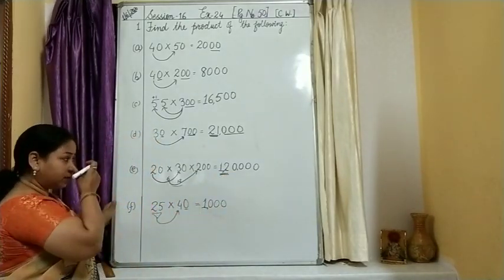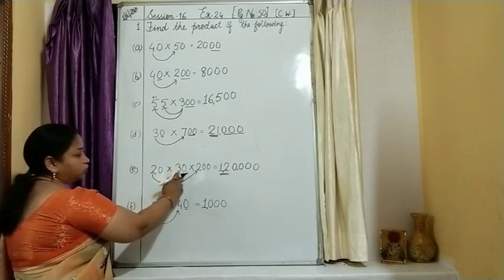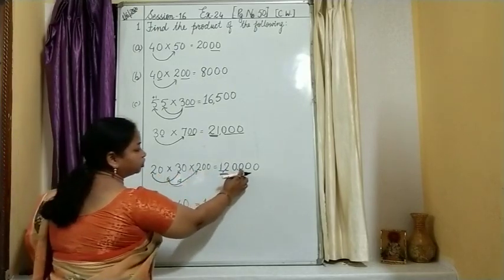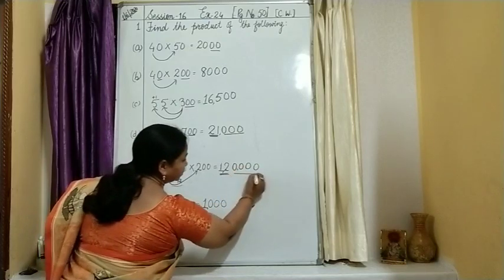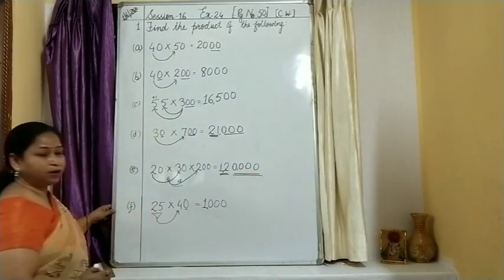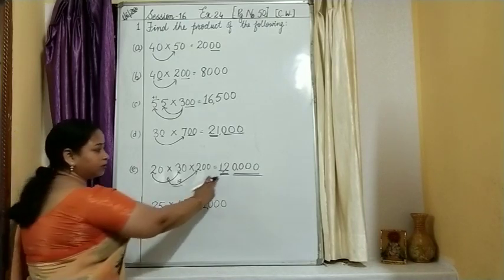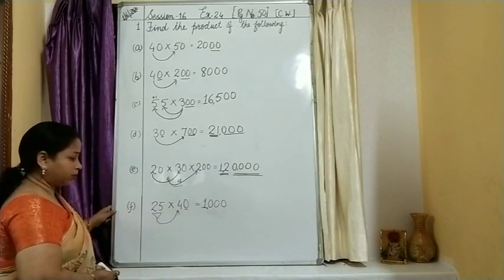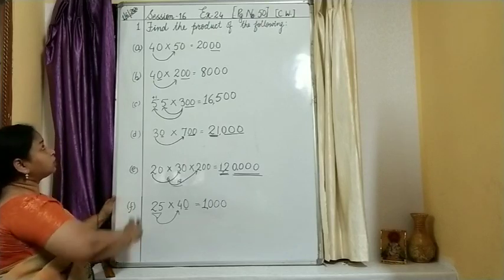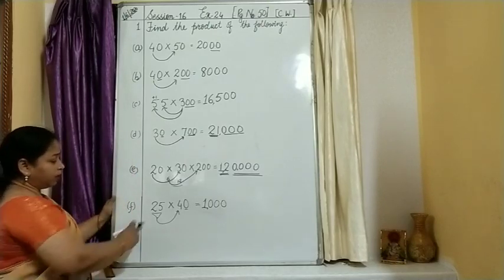Now count how many zeros there are. 1, 2, 3, 4. So place these 4 zeros, and then what is the answer? 1,20,000.